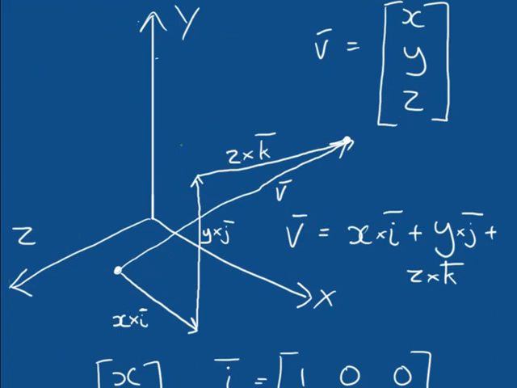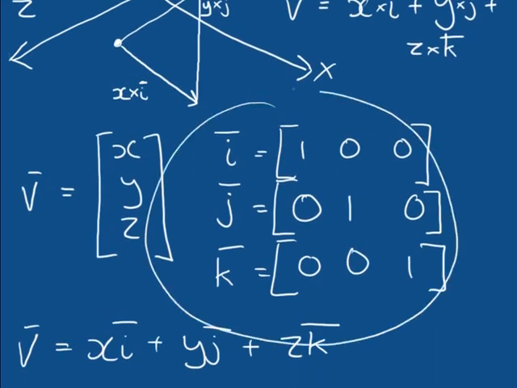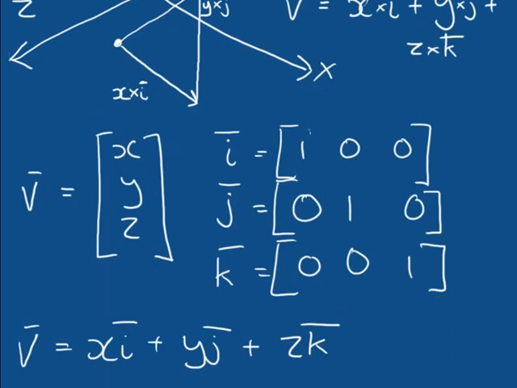So hopefully everything in this video has made sense, and even if the power of it isn't still clear, hopefully the theory and the concepts are clear. Hopefully why we have these three vectors, the fact that they're unit vectors, and the fact that they're in the direction of the x, y, and z axes, and how we can use them to represent any vector. As long as that's clear, that's the most important part from this video.